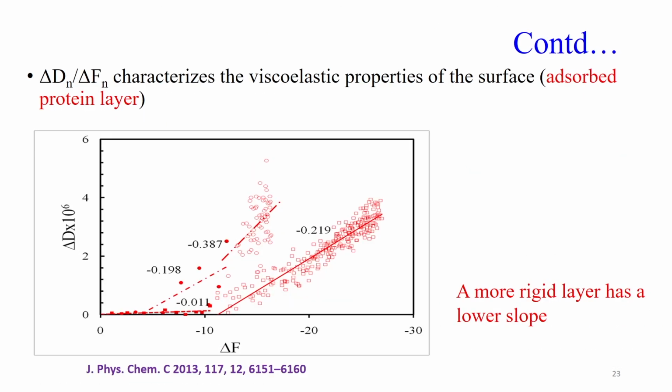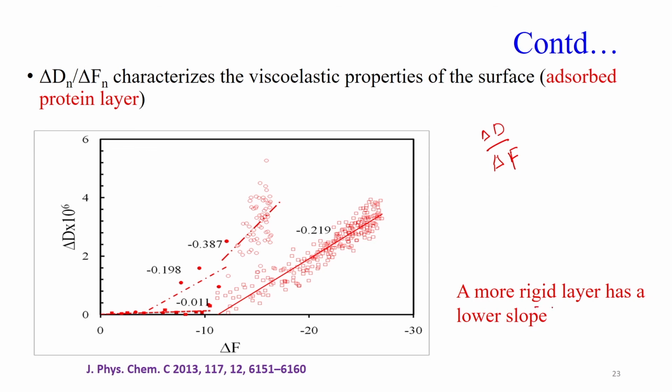So, another way to analyze is to simply plot the ratio of delta D upon delta F. Delta D is the change in the dissipation factor, and delta F is the change in the adsorbed mass. If the slope value is higher, it means the surface is having more dissipation, so it is a soft layer.